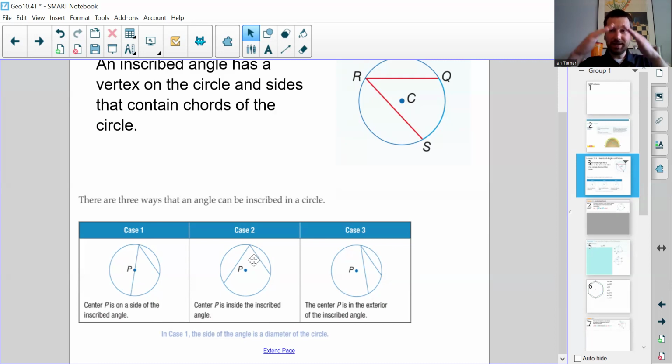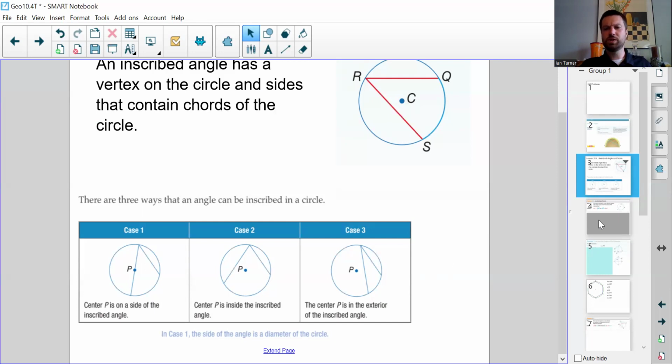Case 2, the center is in between the angle. And then you could have case 3 where the center is on the exterior of the inscribed angle. So those are your 3 options of how these inscribed angles could look. They can mean different things, but really they all follow the same theorems.